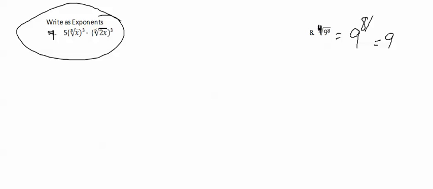Sorry, this should actually be the 4th root of 9 to the 8th. So then it becomes 8 over 4, which becomes 9 squared, which would be just simply 81. Again, 9 to the 8th would be an extremely large number, but because those two are divisible to each other and give you a pretty easy exponent to work with, it's much easier just to do it with pen and paper or mentally.